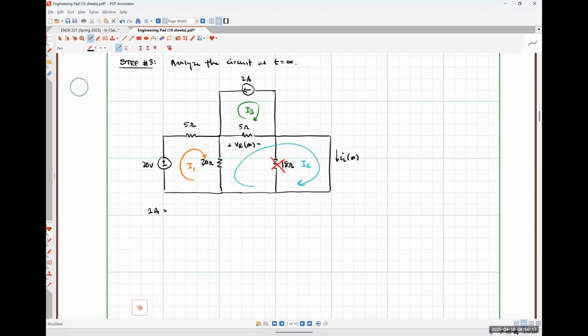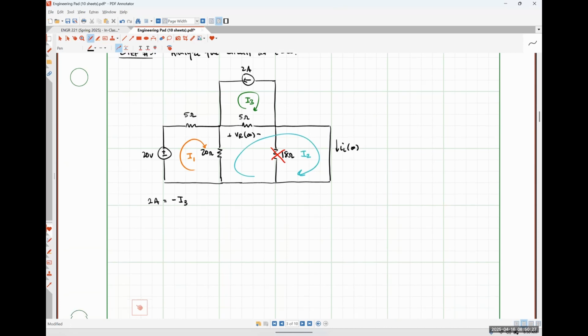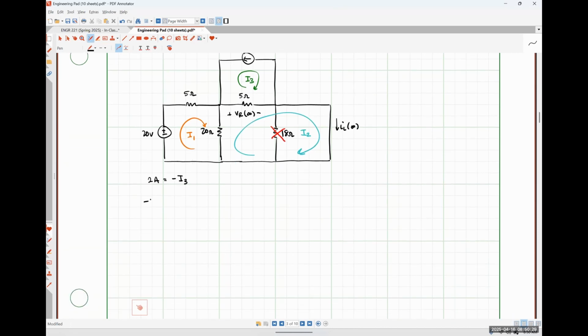Okay. So we can say that 2 amps is equal to negative I3. So there's our current source relationship. Then we're going to apply KVL around mesh 1. So that's going to look like negative 20 volts plus 5 ohms times I1 plus 20 ohms times I1 minus I2 is equal to 0.